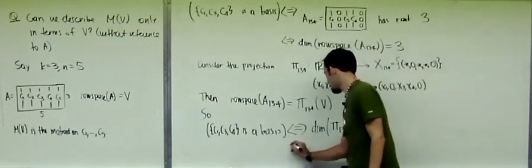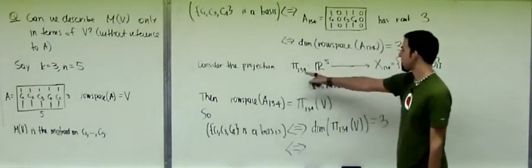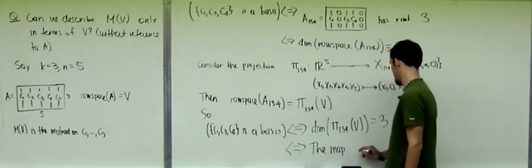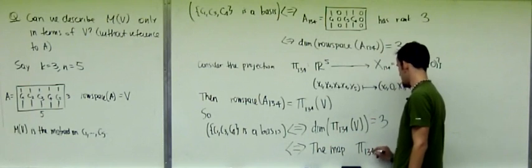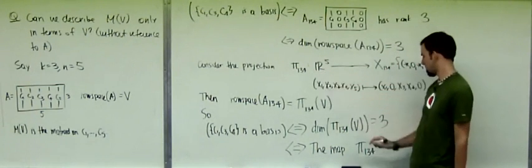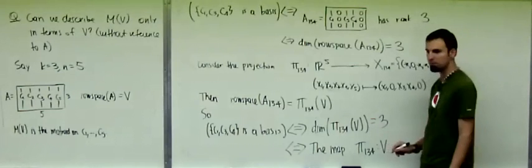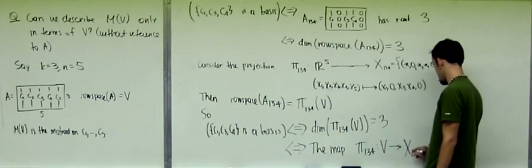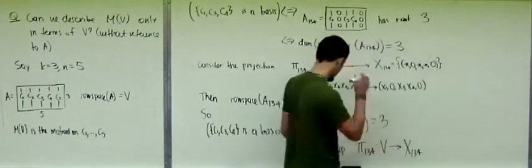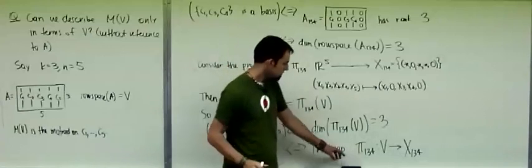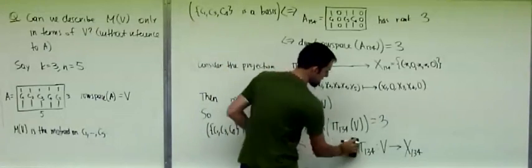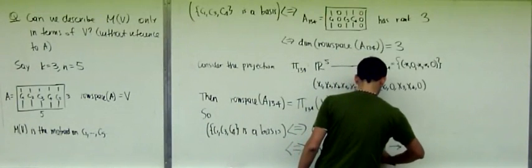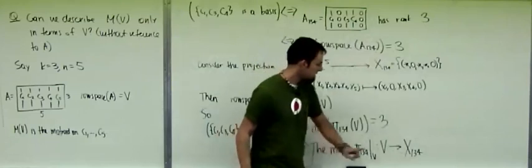Now let me say this in an equivalent way, which is that if you look at the restriction of the projection map to V, we know that V is three-dimensional, right?